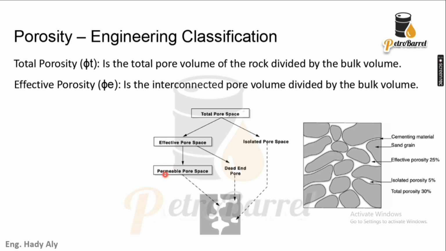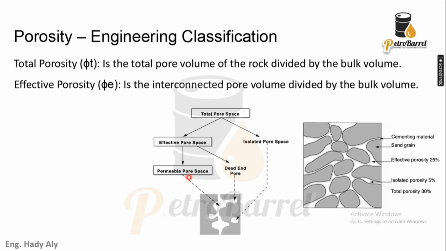Okay, and the permeable pore space is the most important type of the pore spaces because it is permeable, at which the fluid has the ability to move through this pore space from the inlet to reach the outlet. Okay, so this is the meaning of the permeable pore space.